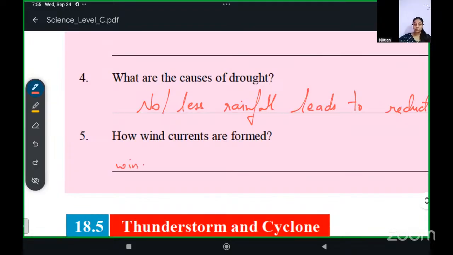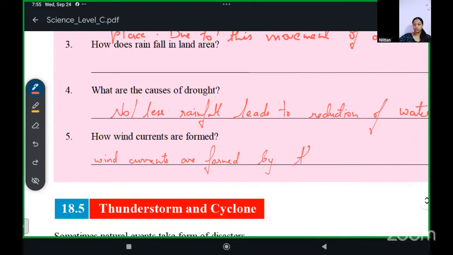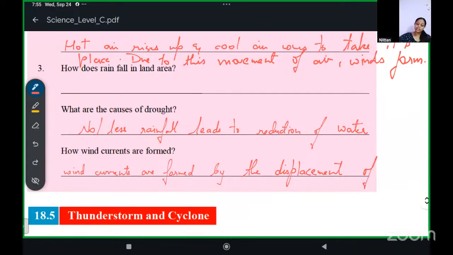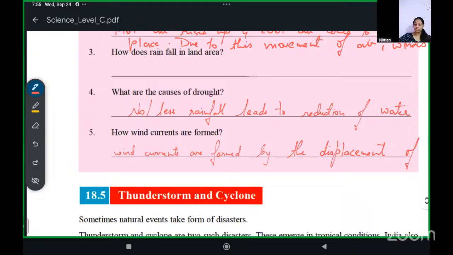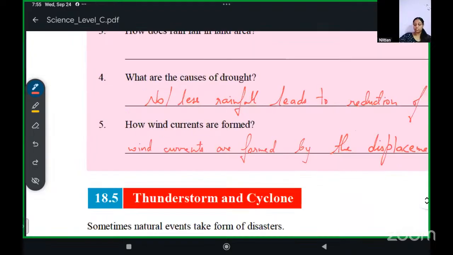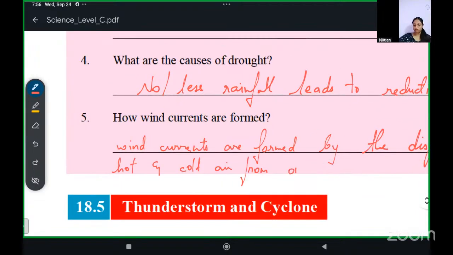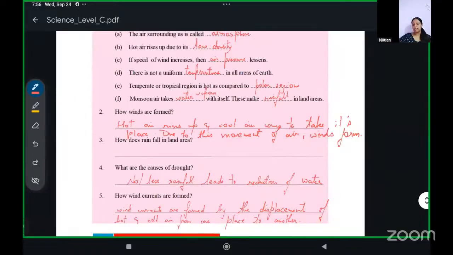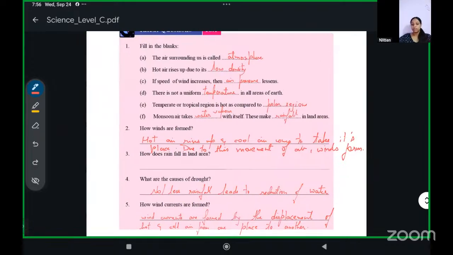Wind currents are formed by the displacement of hot and cold air from one place to another. Okay. Any doubt till here?